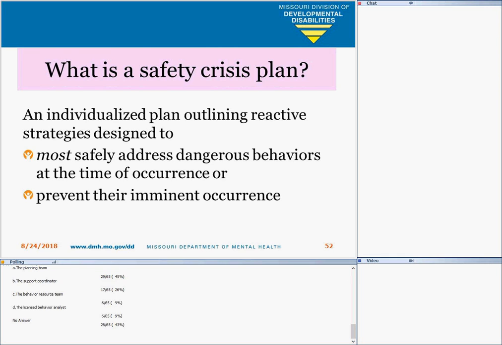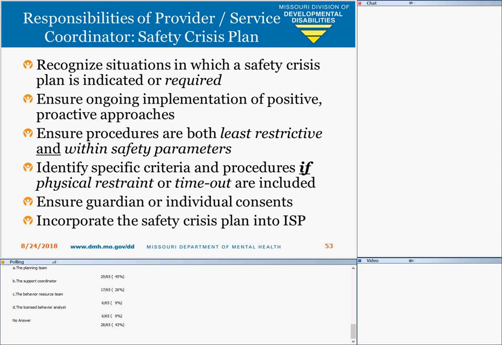Basically, you know what a safety crisis plan is. Go to the next slide. We have the responsibilities of the provider and service coordinator in the safety crisis plan. Both of them, which make up the planning team with other individuals, should be recognizing the situations in which a safety crisis plan might be indicated and the situations in which it's required.